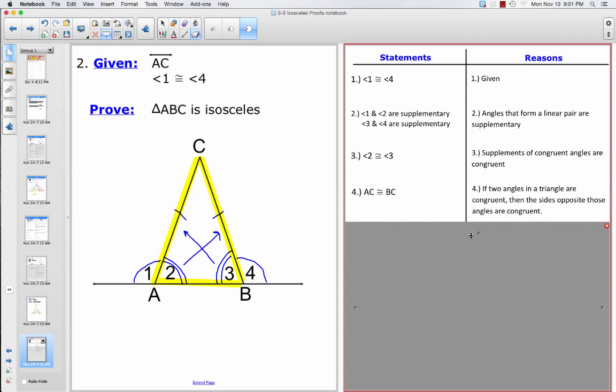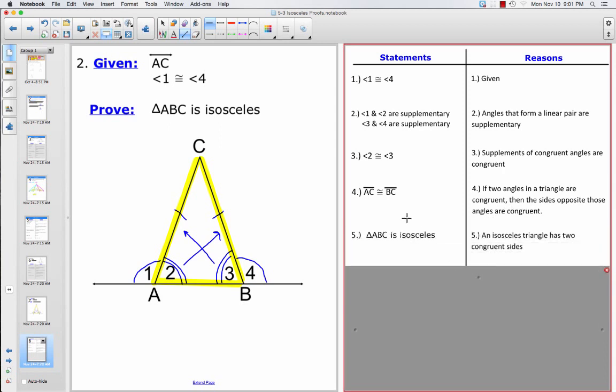After that, we said that AC was congruent to BC, and our reason was, if two angles in a triangle are congruent, then the sides opposite those angles are congruent. And then we're actually done. We proved what we wanted to prove. So we could say ABC is isosceles because an isosceles triangle has two congruent sides, and we showed that.